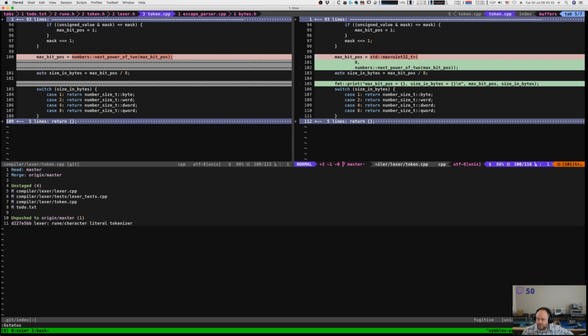I needed to clamp to 8 bits, right? So 4 is a valid power of 2, 2 is a valid power of 2. So if you had a 2-bit number or a 4-bit number, it was actually returning 2 or 4 bits. But we actually want to round up to at least 8 bits, because that's the sizing that we need.